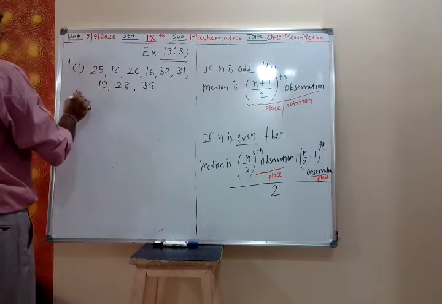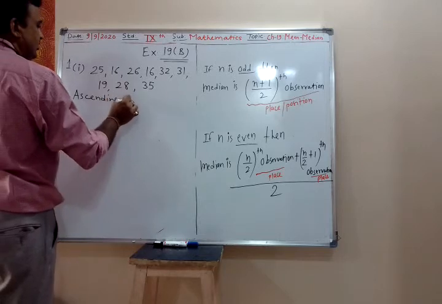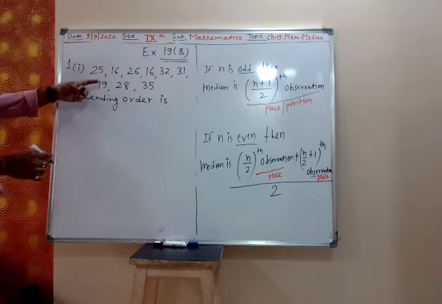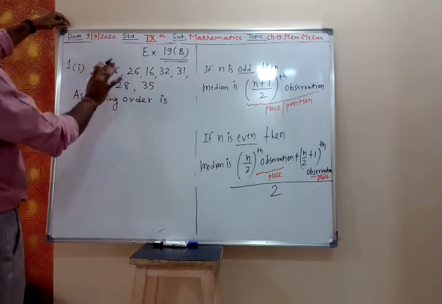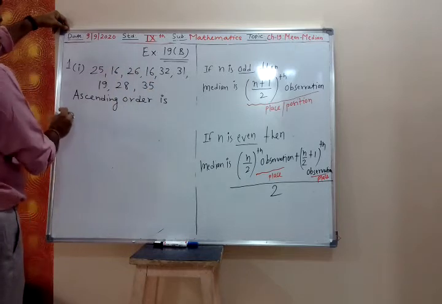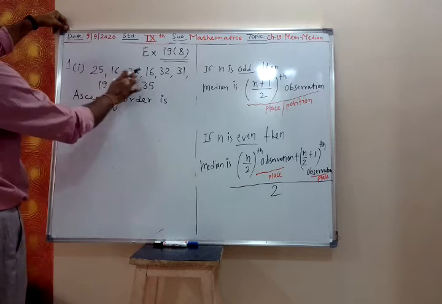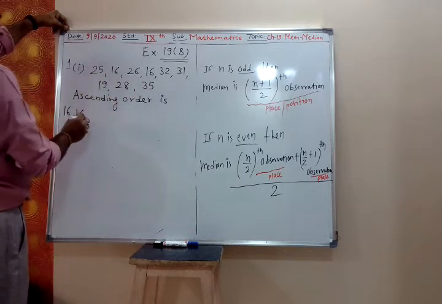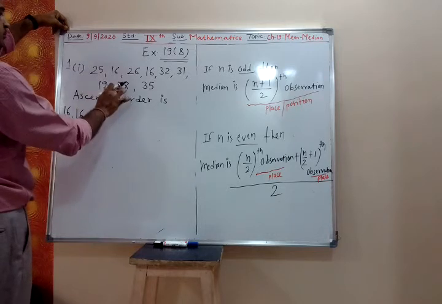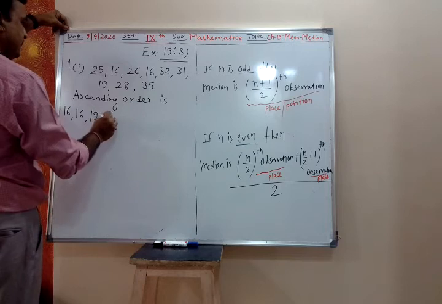Our first job is to arrange the data in ascending order. So ascending order is, start with the smallest number. Smallest number is 16, 2 times 16. So we write 2 times 16, comma 16. Then after 16, 16, it is 19. After 19, it is 25.